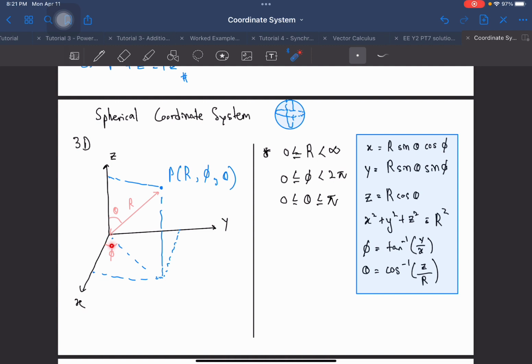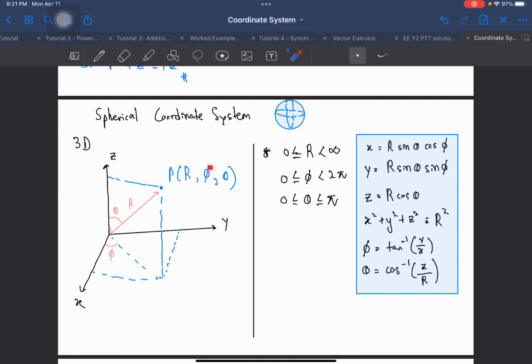Now one thing that is different is this theta. This theta is the angle formed between r and the z axis. As you can see here, it is between r and the z axis. So the one thing that you need to know is just this theta.